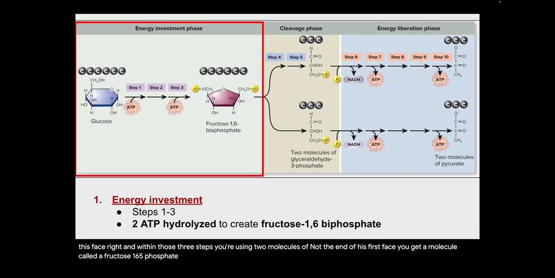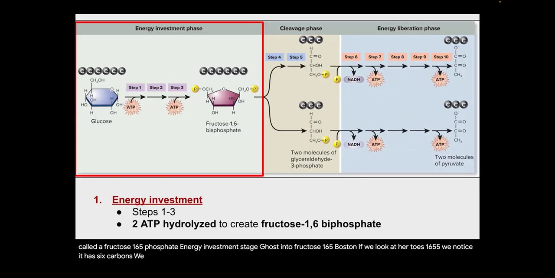So, stage 1, energy investment stage. We are using energy, and we're turning glucose into fructose 1,6-biphosphate. Now, if we look at fructose 1,6-biphosphate, we notice it has 6 carbons.